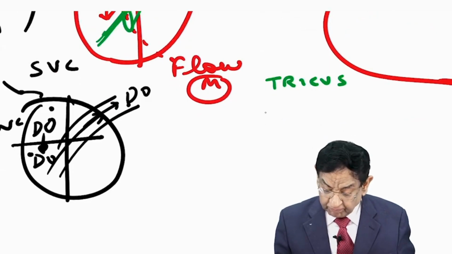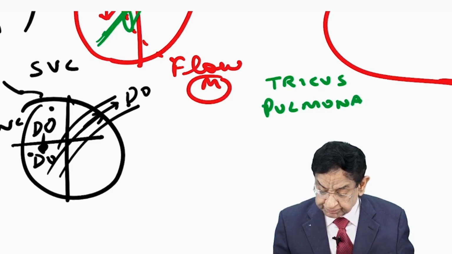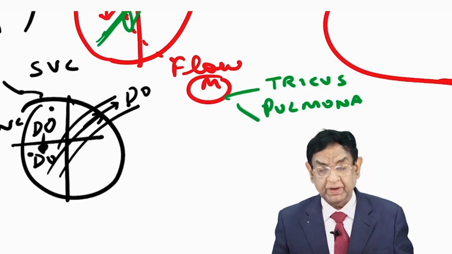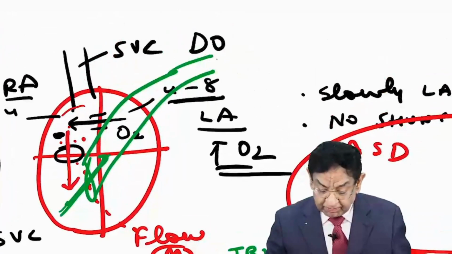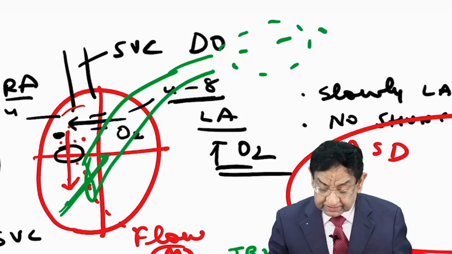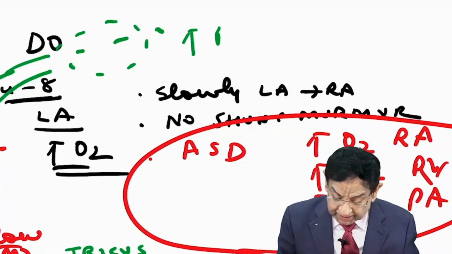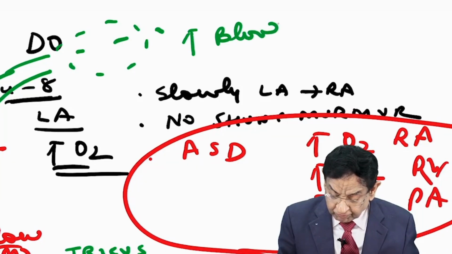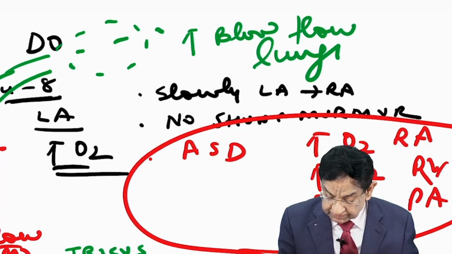There may be flow murmur at the level of pulmonary valve. Agreed? Flow murmur. Large amount of blood is flowing. Large amount of blood is coming to the lungs. So there will be increased blood flow to lungs.